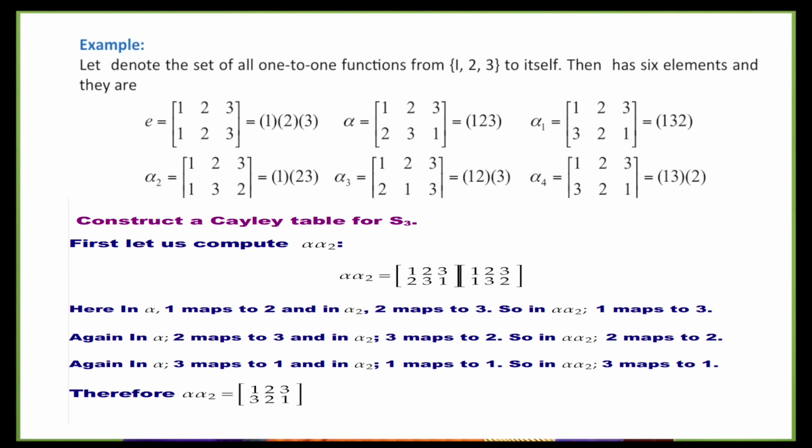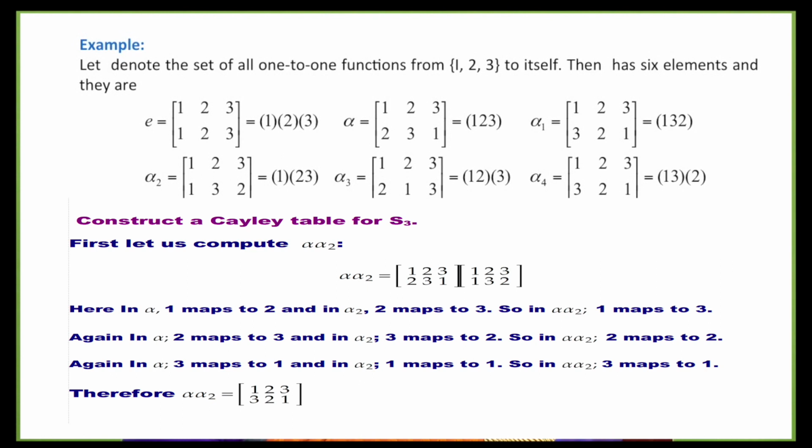First, let us compute alpha times alpha 2. Alpha times alpha 2 is the matrix 1, 2, 3 over 2, 3, 1 times the matrix 1, 2, 3 over 1, 3, 2. Here in alpha, 1 maps to 2 and in alpha 2, 2 maps to 3. So in alpha times alpha 2, 1 maps to 3.